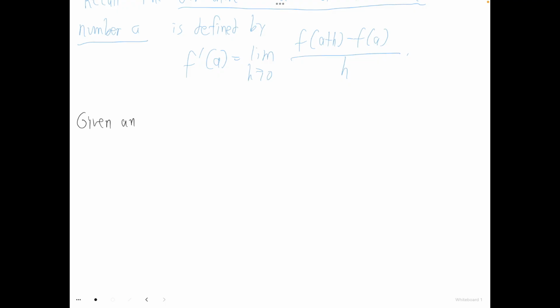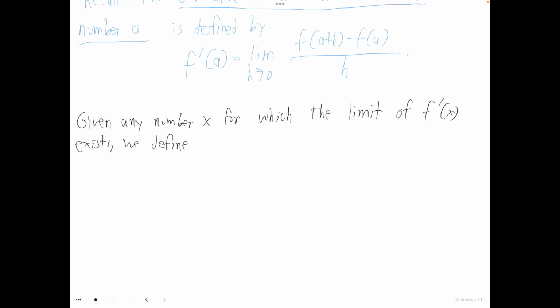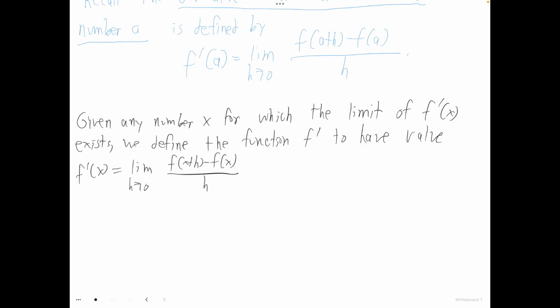So given any number x for which the limit of f prime of x exists, we define the function f prime to have value f prime of x equals the limit as h goes to 0 of f of x plus h minus f of x divided by h at point x.